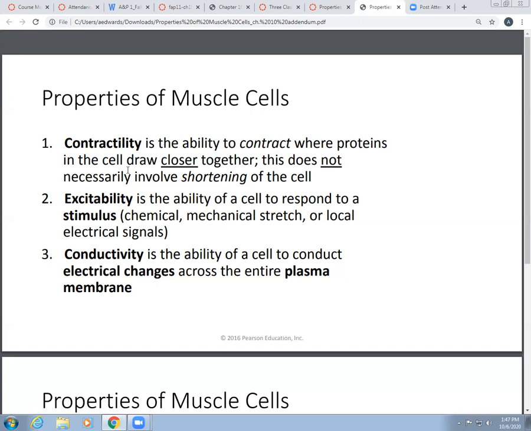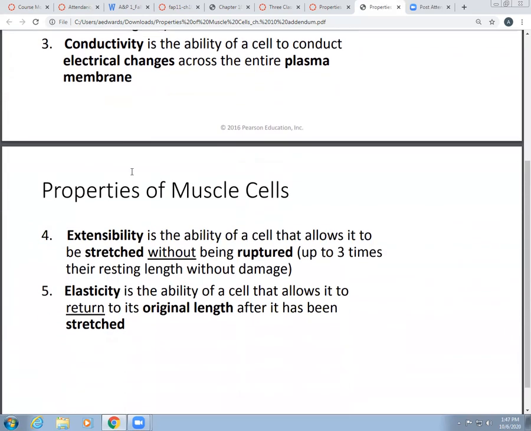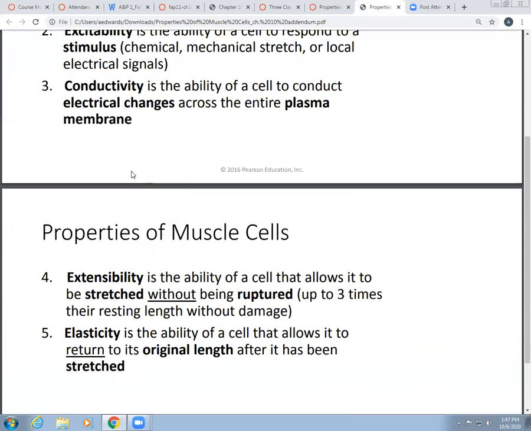It could be chemical, mechanical, or electrical. Conductivity means the cell can conduct electrical charge, and it can go across the plasma membrane of that cell. The fourth property is extensibility, and that just means that the cell can be stretched without being ruptured.